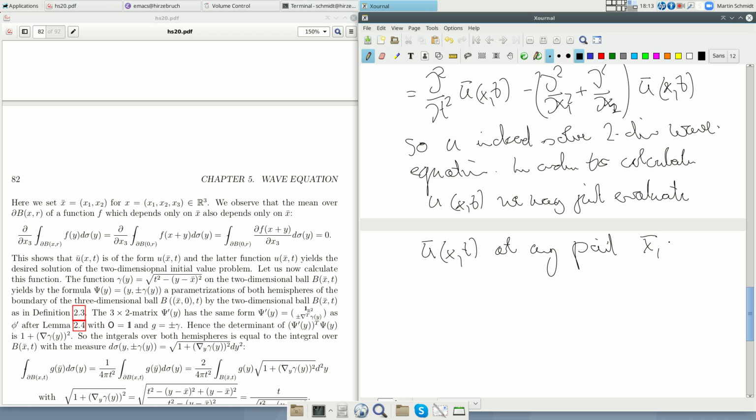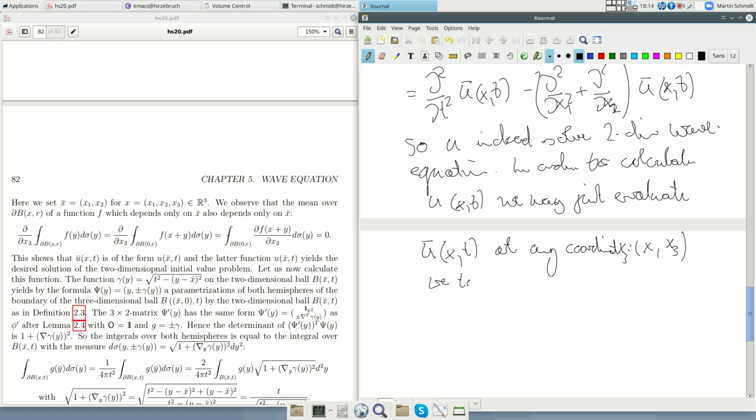Here we use any coordinate x3, and the easiest choice is of course x3.